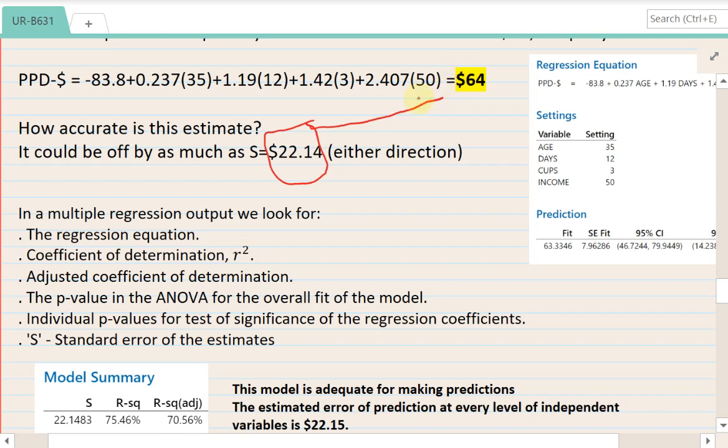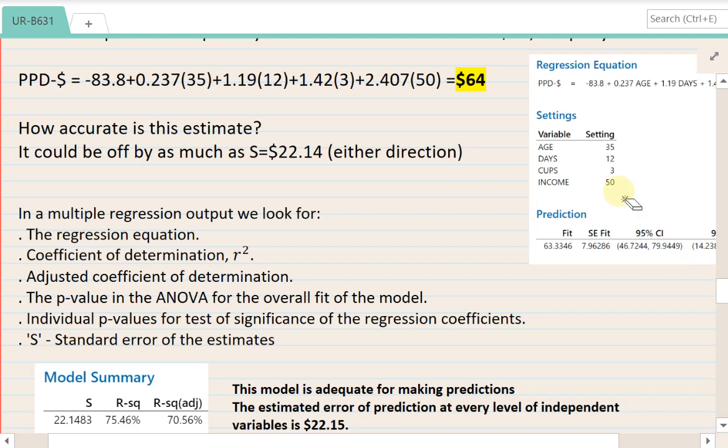So on average, subtract 22 from that, you get $42, all the way up to $86 for this particular one. Okay, that's what the standard error is. There is no confidence level, there is nothing involved here like I have here, confidence level 95%. That's a different thing.